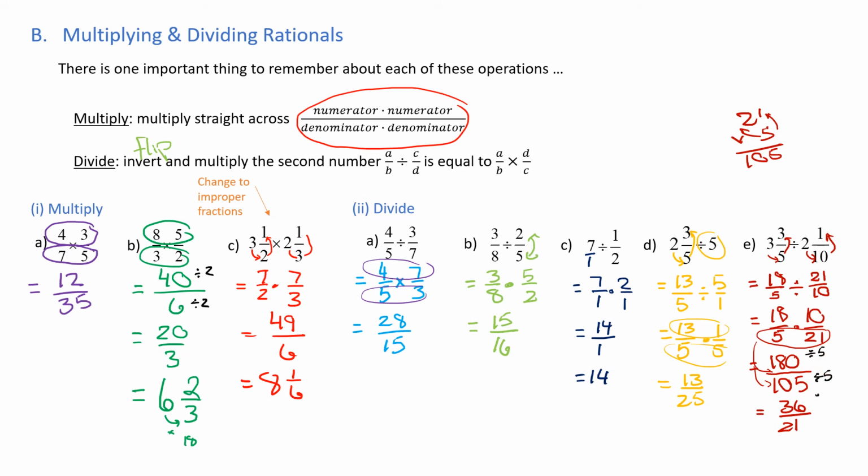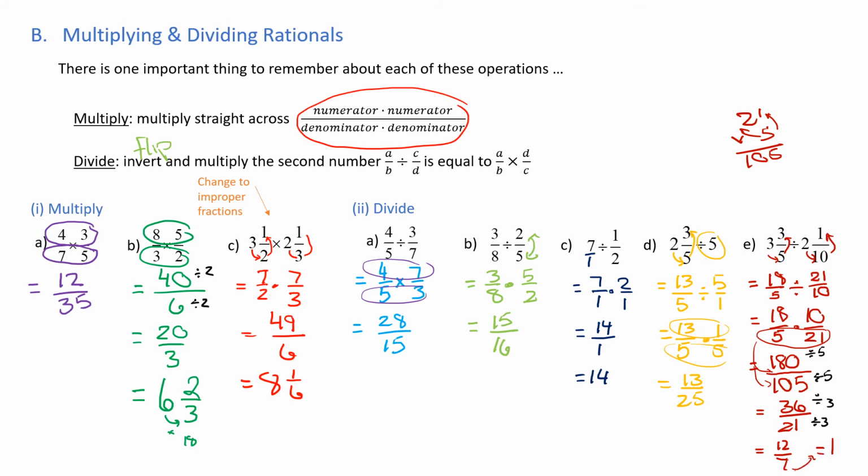I can divide both of these by a 3 now. So dividing them both by 3, 36 divided by 3 is 12, and 21 divided by 3 is 7. So we have 12 over 7, and I'll just put it beside.